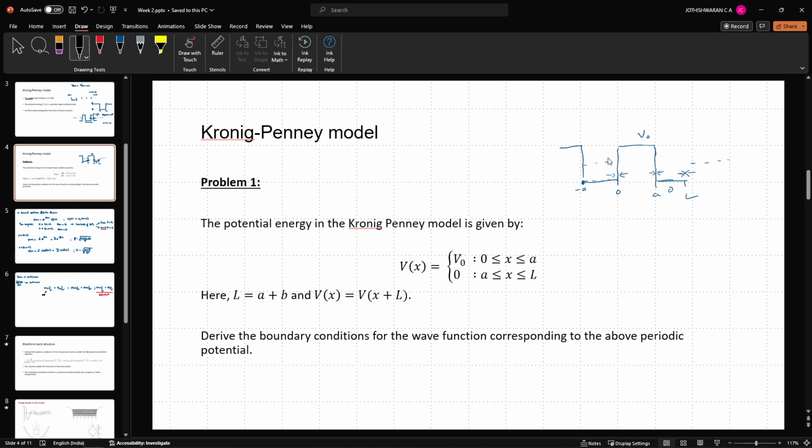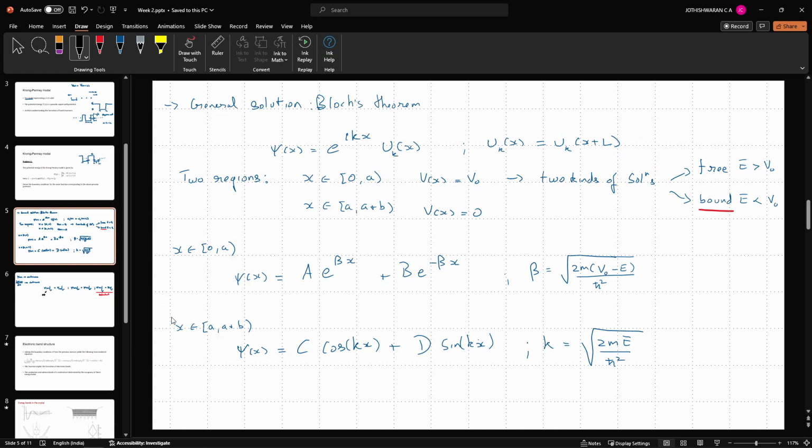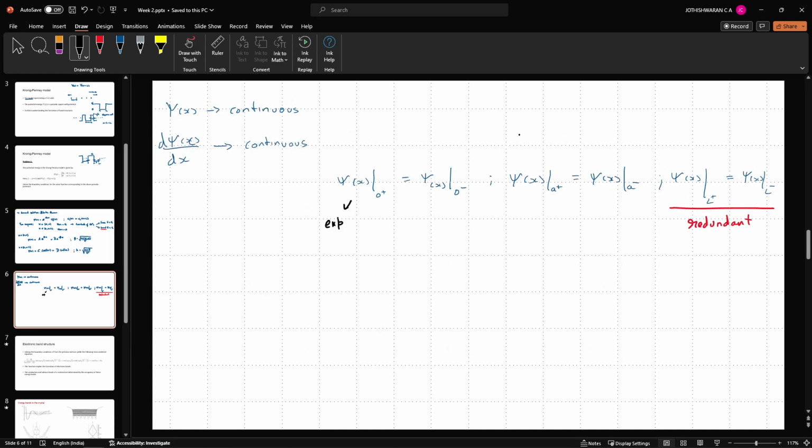To the left of 0 it will be a trigonometric function because of how we have defined our general solutions. So it is exponential here and it is trigonometric here. Similarly, to the right of a, the function is again going to be trigonometric because there v of x is 0, and to the left of a, I'll again come back to my exponential function.